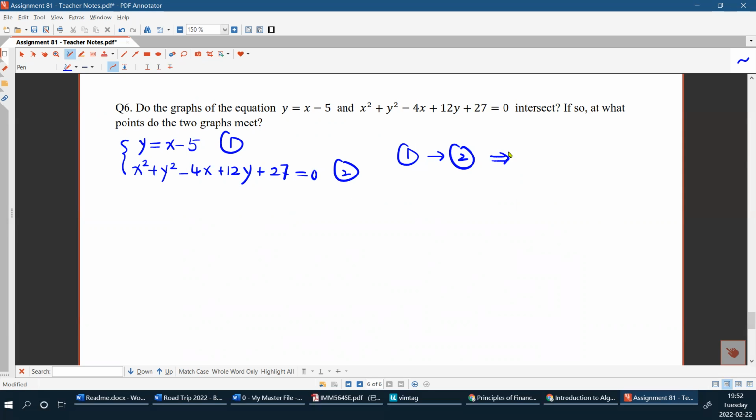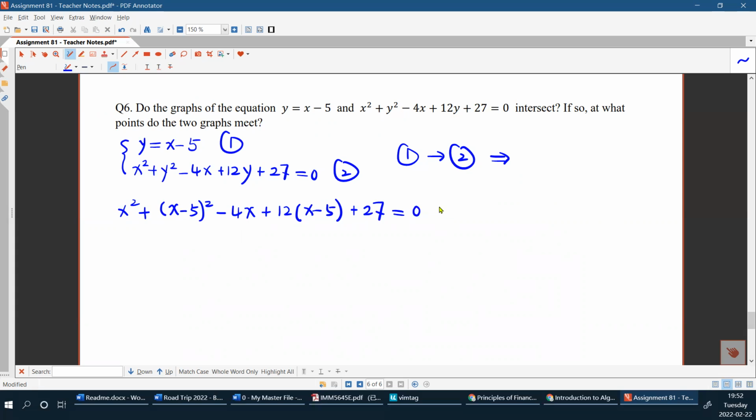Which will give us x squared plus y squared, okay, not y. So y squared is simply (x minus 5) squared, then minus 4x, then plus 12y, y is x minus 5, plus 27 equals 0, right?